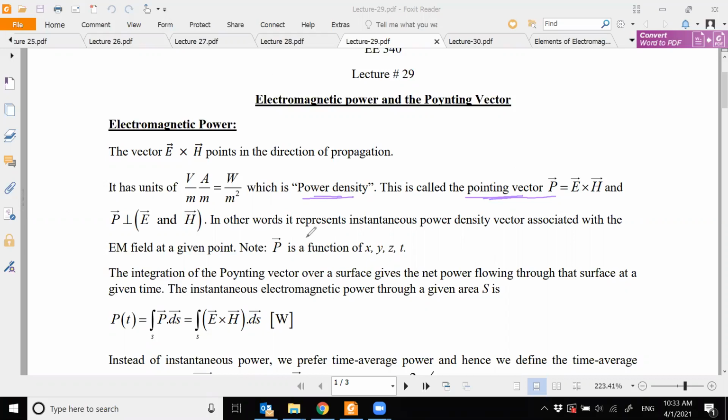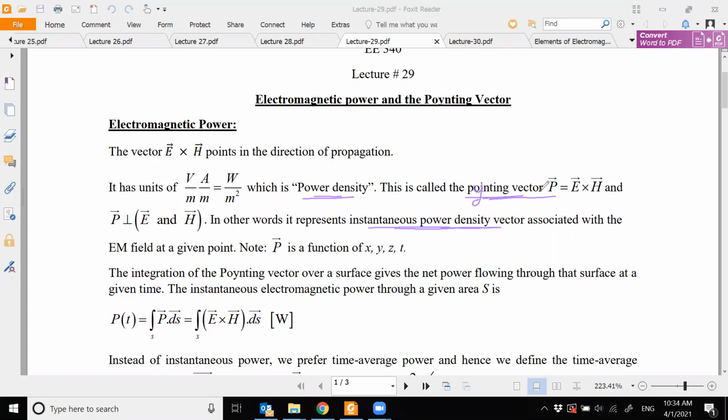Or in other words, this P bar, which is the Poynting vector, represents the instantaneous power density vector associated with the electromagnetic field at a given point. Sorry, this should be P bar, Poynting vector.